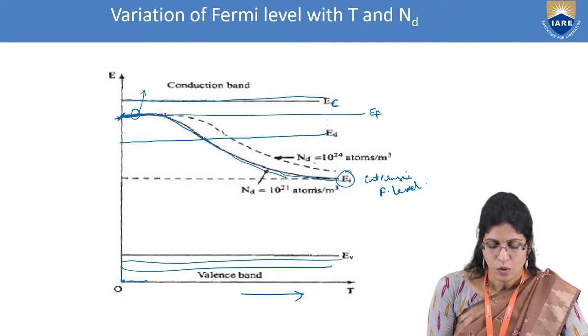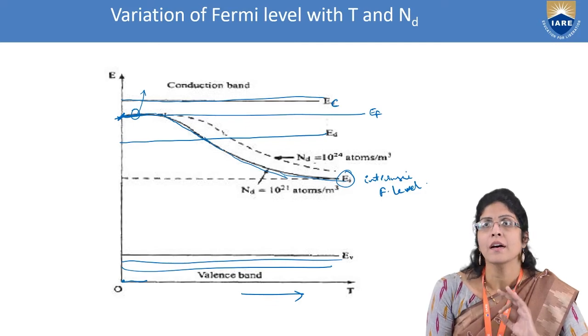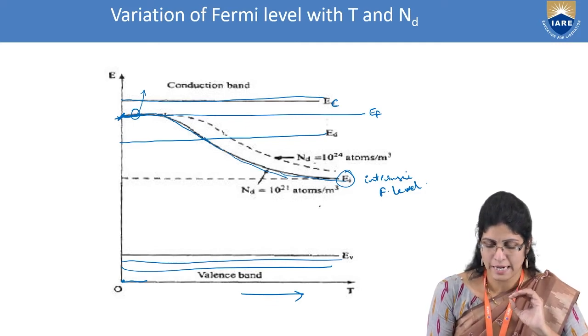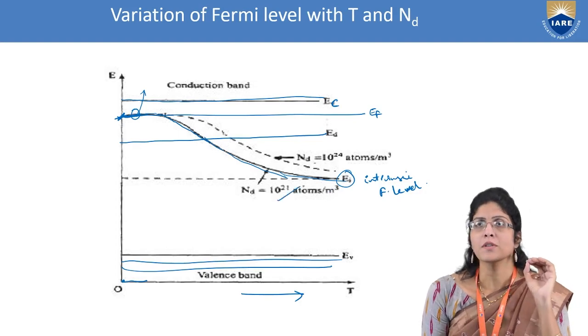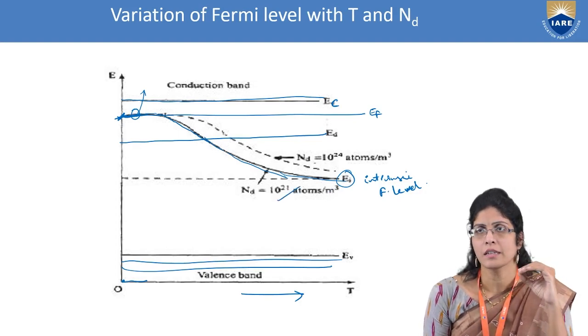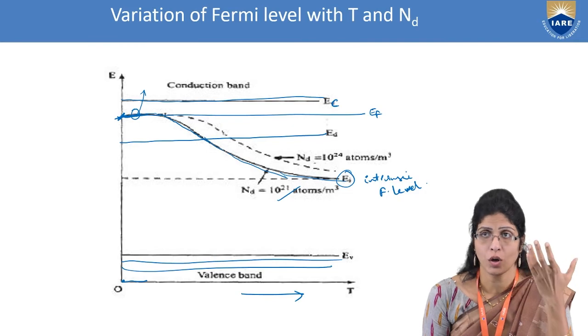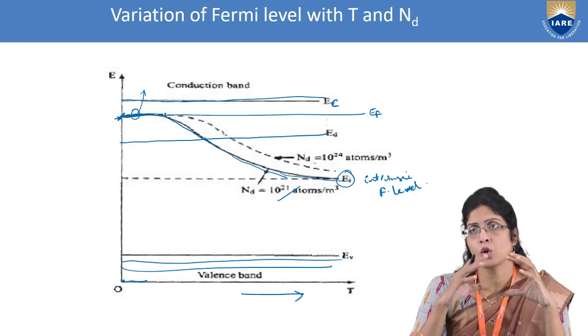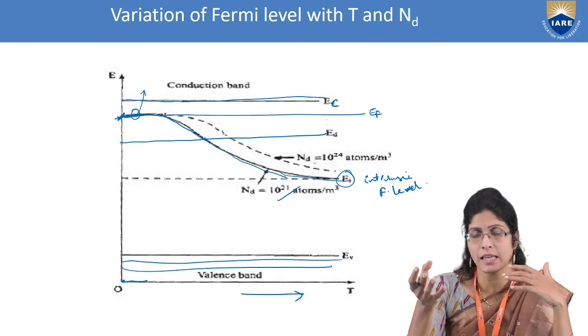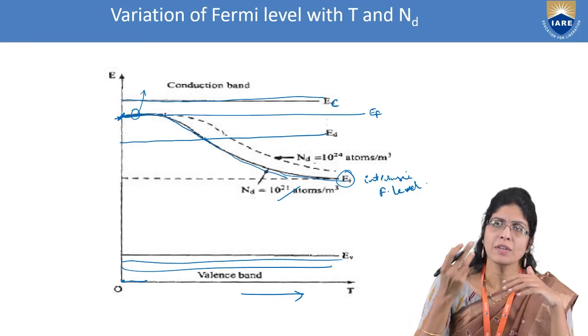Okay, so this is for one particular amount of the atoms, like 10 to the power of 21. Suppose you are increasing the number of the donors, that is the impurities, the dopants, more and more. What will happen?